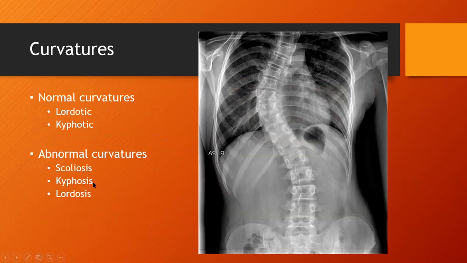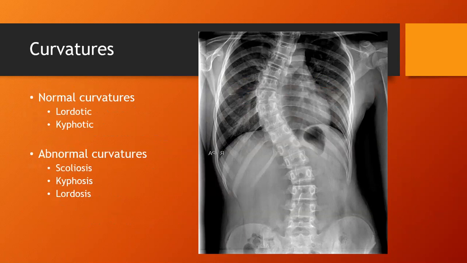Kyphosis is the second bullet, referred to as the hunchback. It is an exaggerated thoracic curvature. And then your C is going to be lordosis. It is an accentuated lumbar curvature. Lordosis is actually visible in pregnant women. They have more of a curve in their lower lumbar region to support the weight of the child that they are carrying.